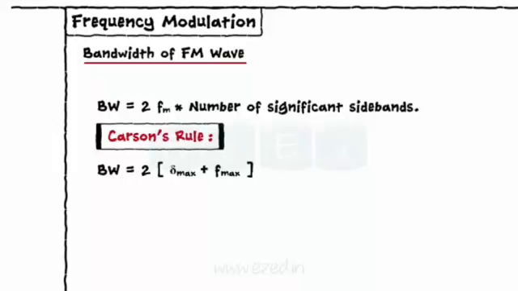And second is Carson's rule, and according to Carson's rule the bandwidth is equal to 2 into the maximum deviation in frequency plus the maximum modulating frequency, and this formula is generally used for wider bandwidth FM.